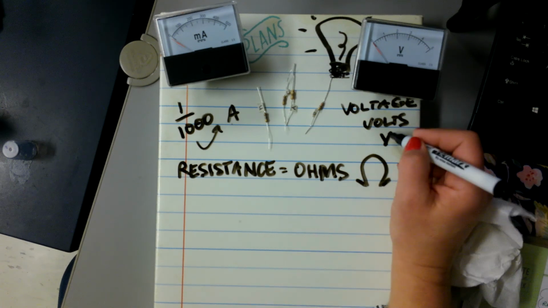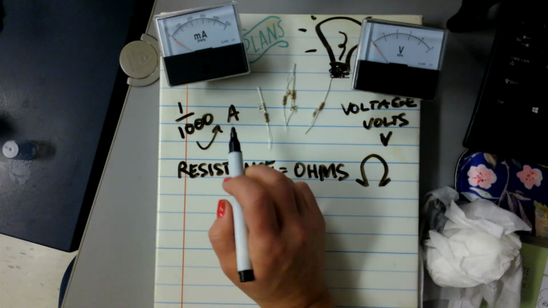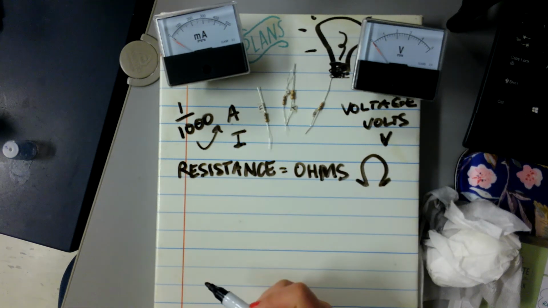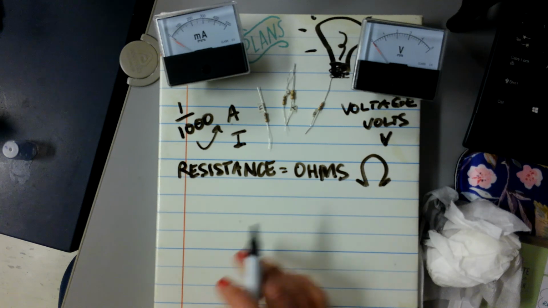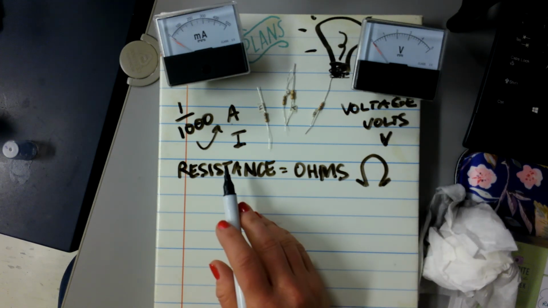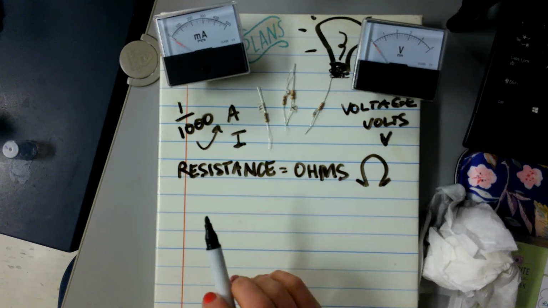Voltage is measured in volts with a V, and amps, oddly enough, is represented by the letter I. And that's because the father of electromagnetism decided to call amps current intensity.